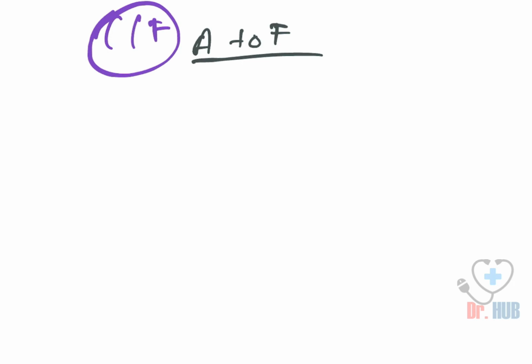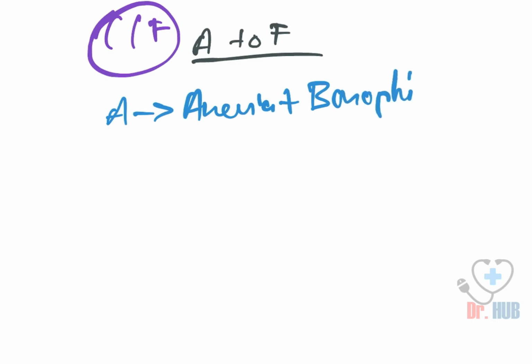The last question we asked was, what are the specific clinical features in case of lead poisoning? Here there's a mnemonic, A to F. So A for anemia, along with basophilic stippling, this is important.